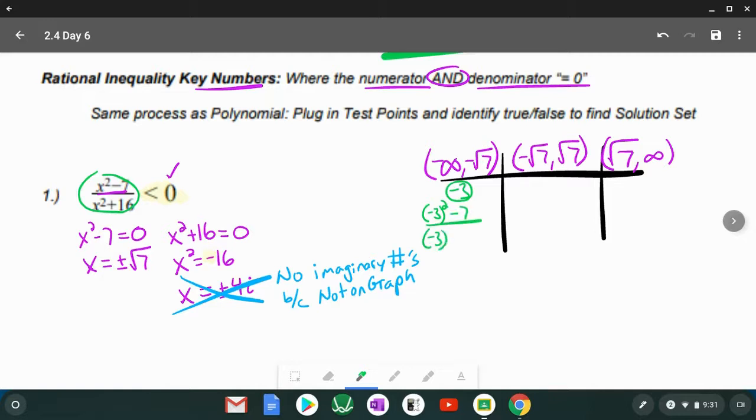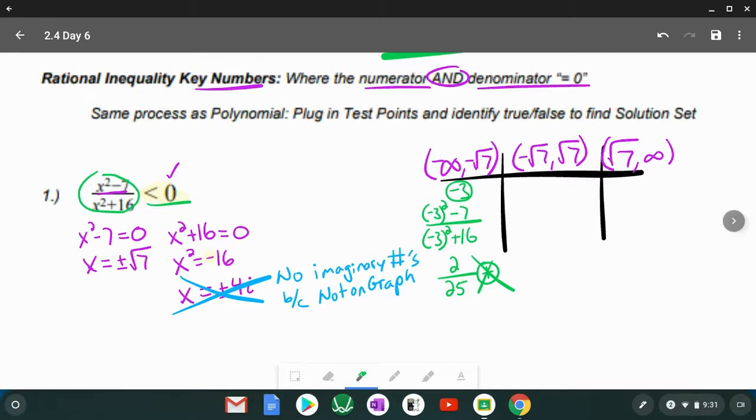Or you could just plug it in all the way if you want, but you can use your number sense and your knowledge of PEMDAS to figure out positive or negative. But essentially, I have 9 minus 7 is going to be a positive 2 over 9 plus 16 is a 25. That is a positive number, which means it is not in my interval because I'm looking for negative outputs.